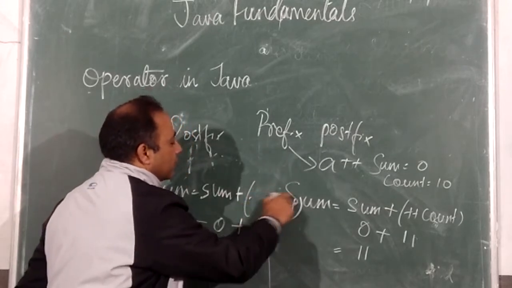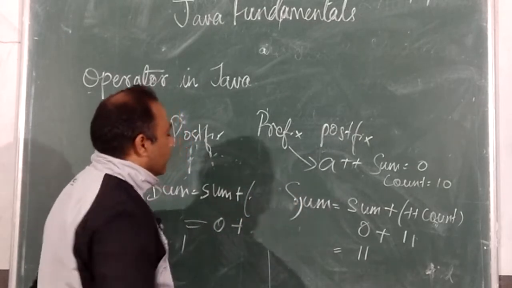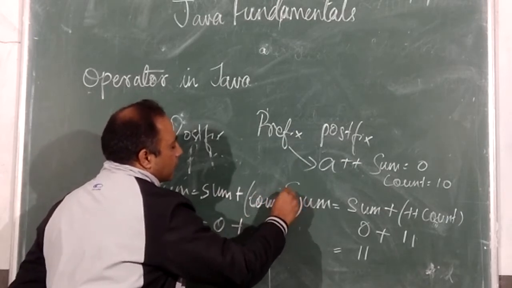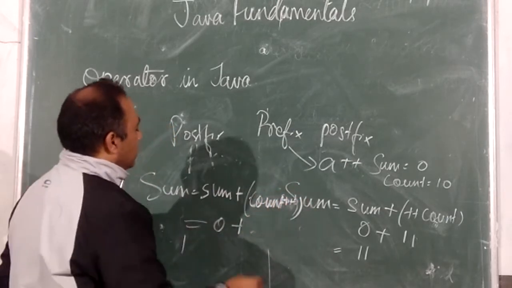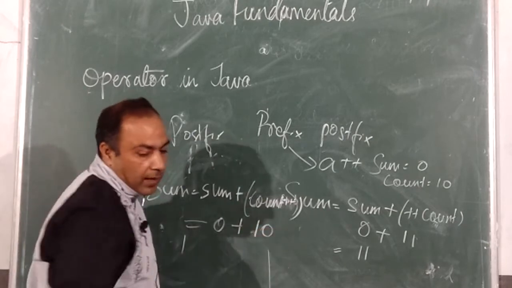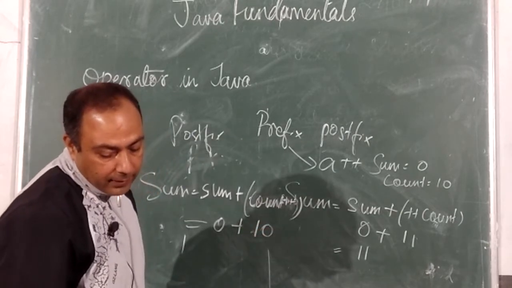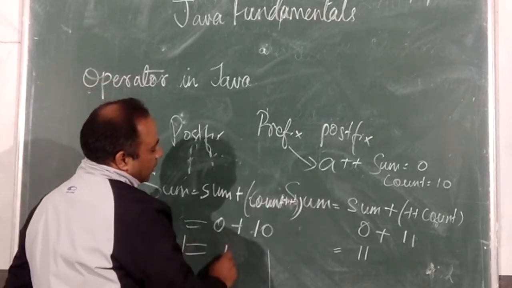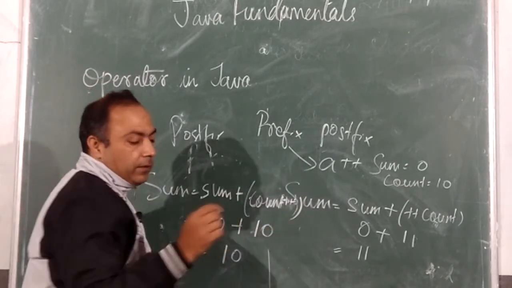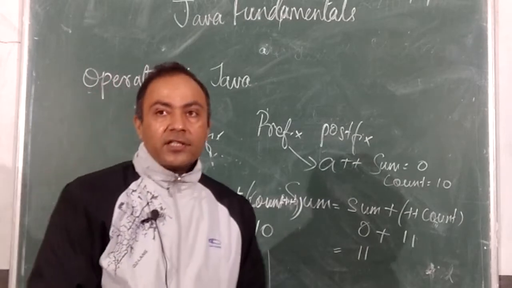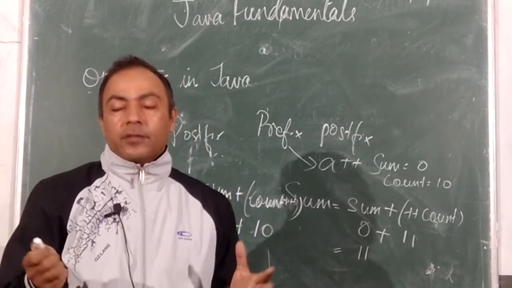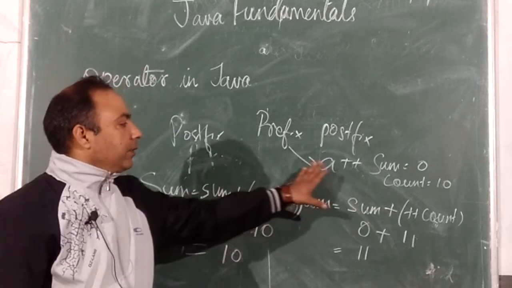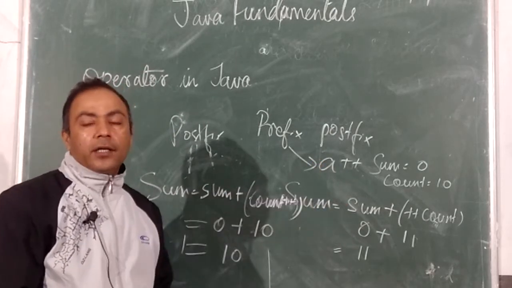Postfix means after. That means it will be 10, so the answer will be 10. That means change after the action. The value remains the same during the action, and changes after the action.